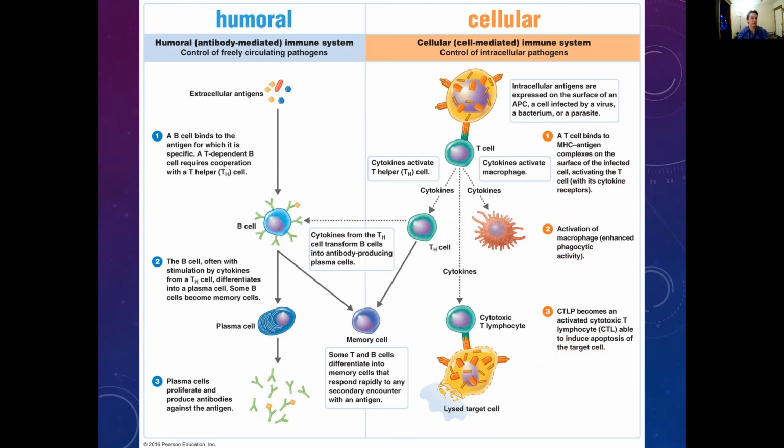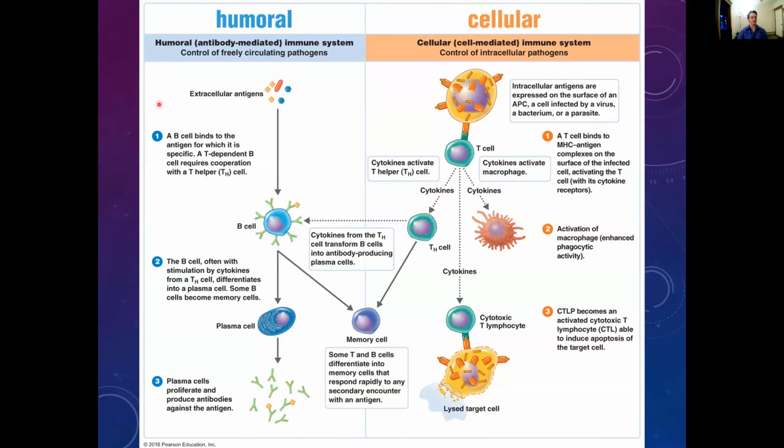Some important takeaways that I want you to know from this diagram. At this point, know that the adaptive immune system is divided into 2 parts. Each is responsible for dealing with pathogens in different ways. These 2 systems function independently to keep the body free of pathogens.